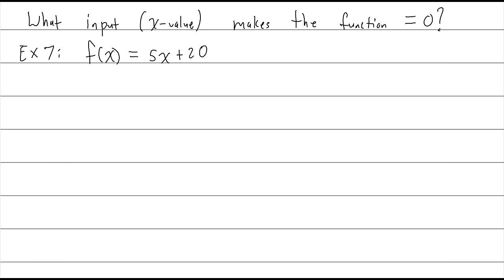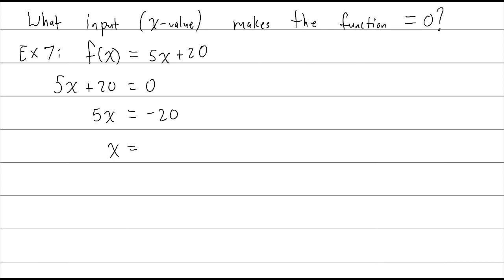We want the entire thing to equal 0. So the way you do that is you take that 5x plus 20 and you set it equal to 0 so you can solve it. And then you solve it. I'm not going to write out every step here, but subtract 20 from both sides. 5x equals 0 minus 20, which is negative 20. Multiply both sides by 1 over 5, or just divide both sides by 5.